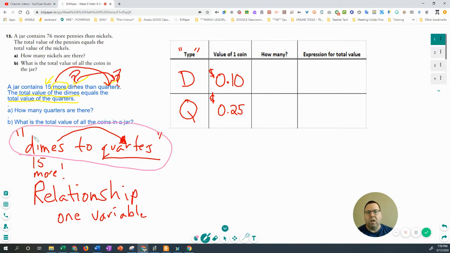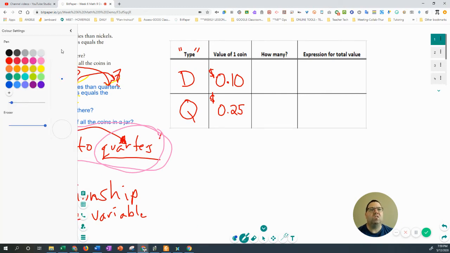If it's pennies, nickels, dimes, quarters, loonies, it doesn't matter. Try to write out like a little 3-word phrase of saying dimes to quarters, pennies to nickels, nickels to loonies, loonies to quarter, whatever it is, dimes to quarters. And whatever the last coin is, that is what you want your X to be. You can set the question up in many different ways, but this is what I recommend.